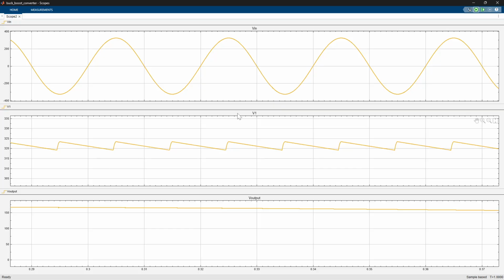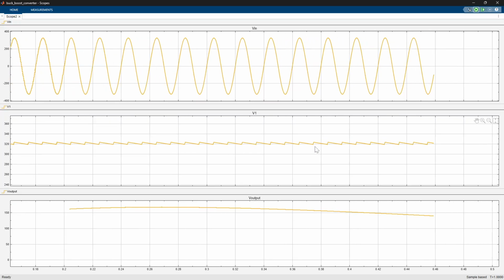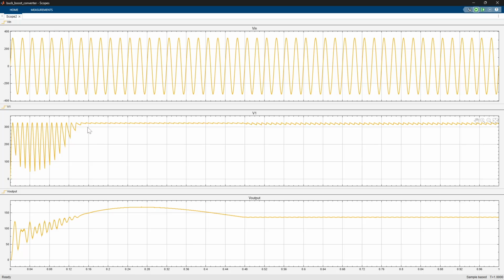And there's a small ripple, and you can see that this AC voltage is now converted into the DC voltage at a steady state. This happens because of the transient period.